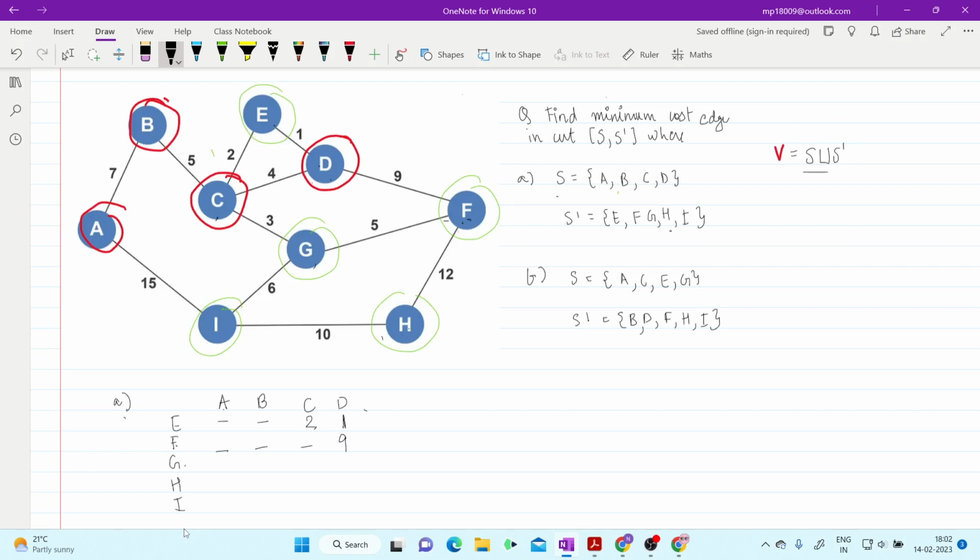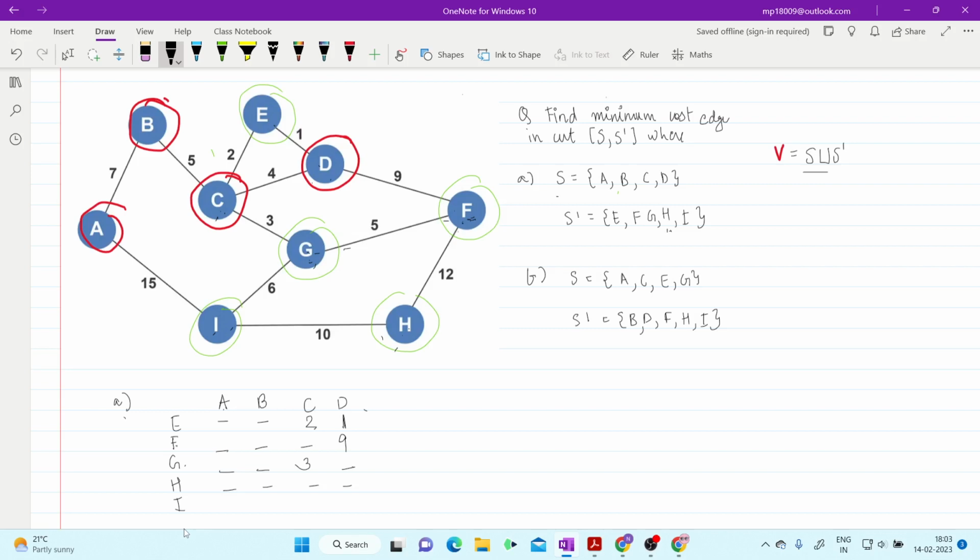Now similarly for G, we cannot take F, and we cannot take I because they are in the same set. We can only take GC, which has weight 3. For H, we see H is not adjacent to any vertex in the other set, so all will be blank.